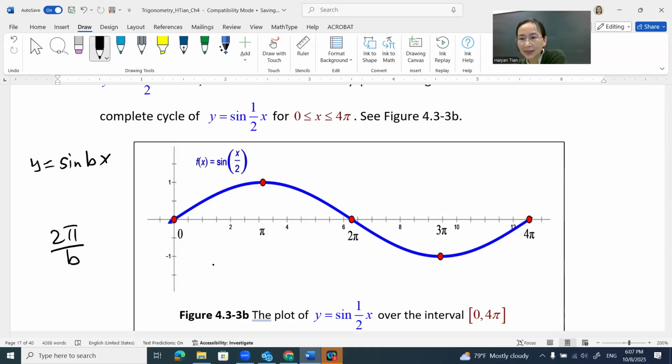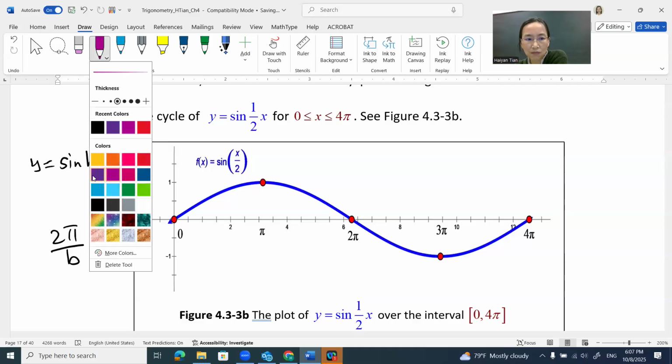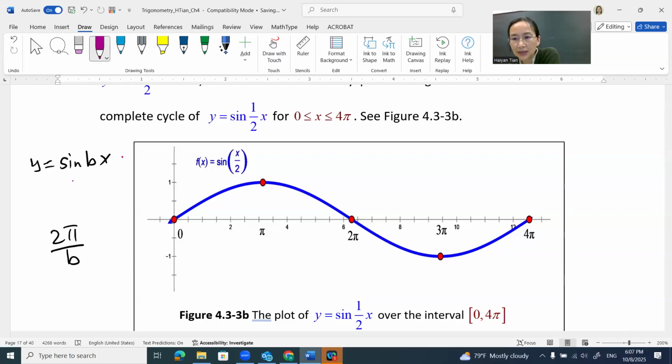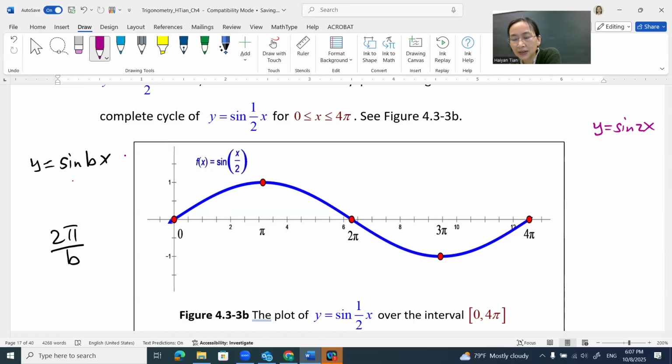You notice earlier when b is 2, let's apply that. When we had sine 2x, the period is 2 pi over 2, which is pi.